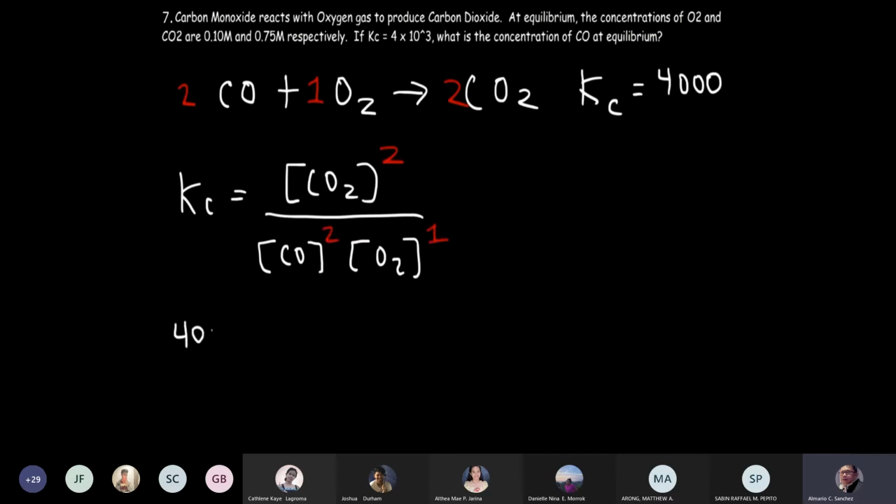Now, Kc is 4,000. The equilibrium concentration of CO2 is 0.75. And the value for CO is what we're looking for. So let's call that x.